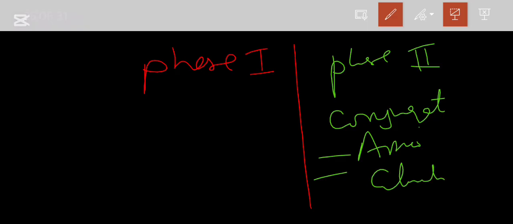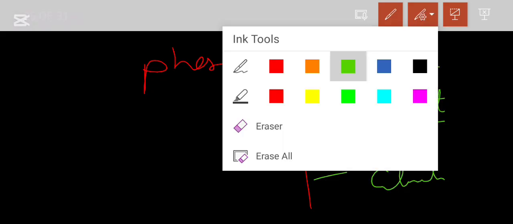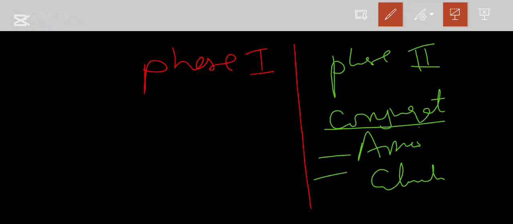Remember those processes. These are what we call conjugation processes. They are phase 2. However, with phase 1, we add some groups, for example an amide group. Basically here we just add or subtract functional groups.